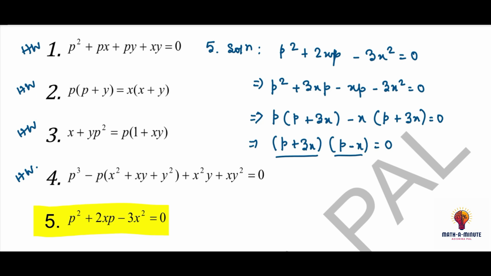So now in this method, we have to separately solve these two first order first degree differential equations. So the first one is p plus 3x equals to 0 and the second one is p minus x equals to 0. Okay.